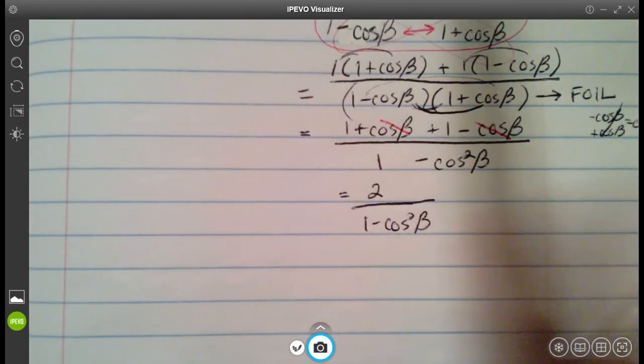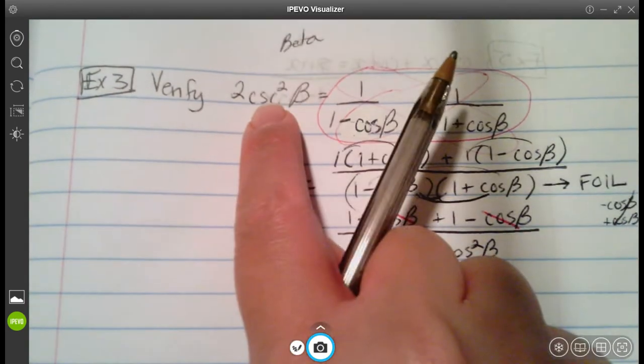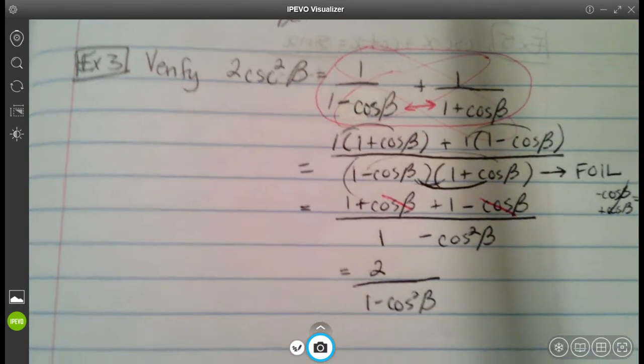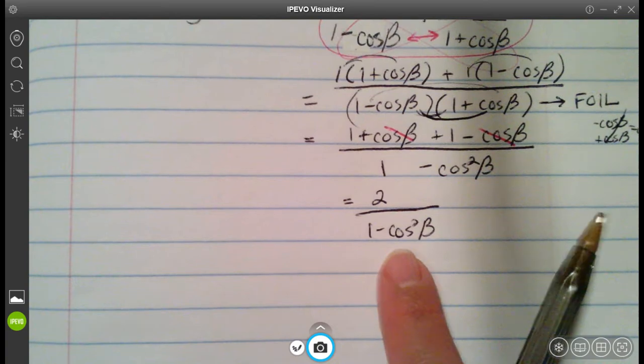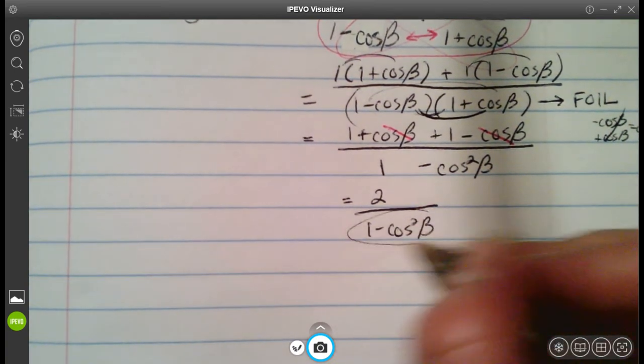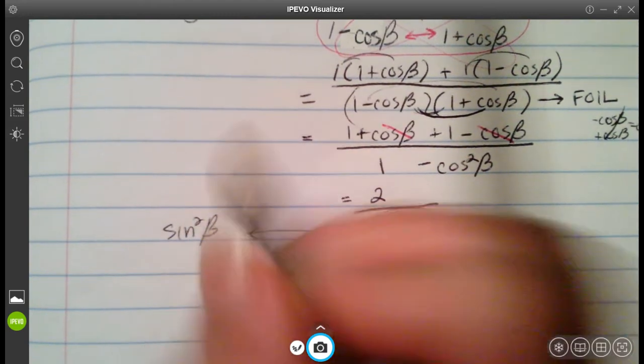We want it to be 2 cosecant square beta. So cosecant is 1 over sine, which means if I can get this to be a sine, I can probably work that out, okay? And luckily for us, this is in fact equal to sine square beta. Why?